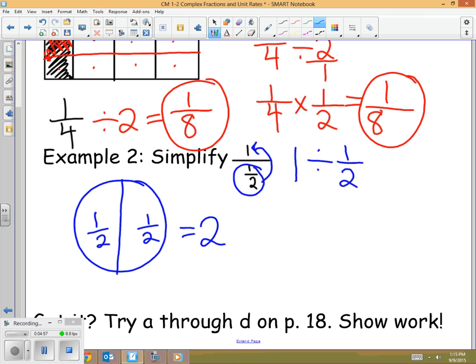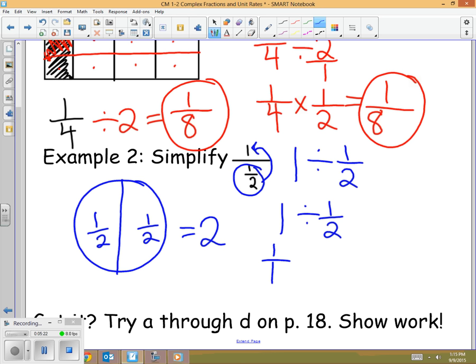Now let me show you using the traditional algorithm. We can start with the fraction 1 whole divided by 1 half. In order to help you multiply across, let's rewrite 1 whole as 1 over 1. Now we can multiply by the reciprocal.